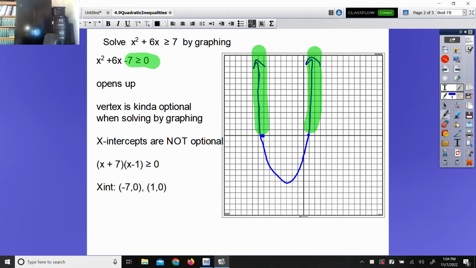The graph is moving left forever. What's your relationship to negative 7? Less than. Right here, the graph is moving left. Everything stays true. X is less than or equal to negative 7. On the right-hand side, the x value is 1 and the graph is moving right. What's the relationship?